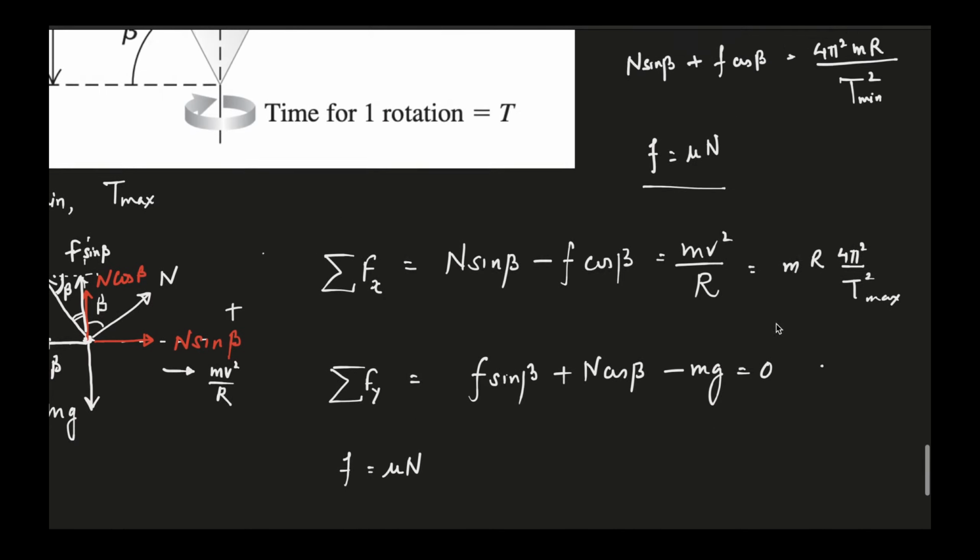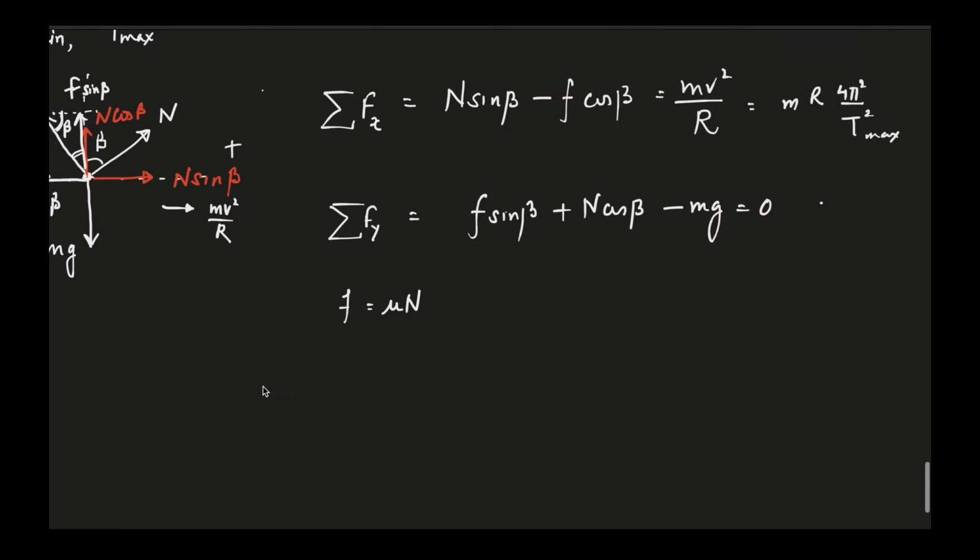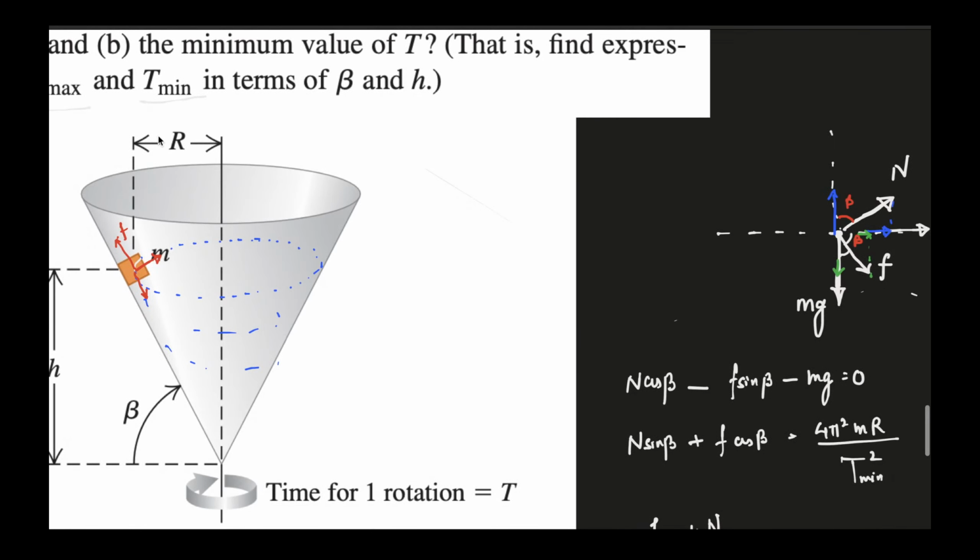Now, it looks like a daunting task to solve so many, but many things are given. So sine beta, cos beta, all are given. Look at the situation. See, this is R and this is H. We take this whole thing as R because dimensions of the block are not given.